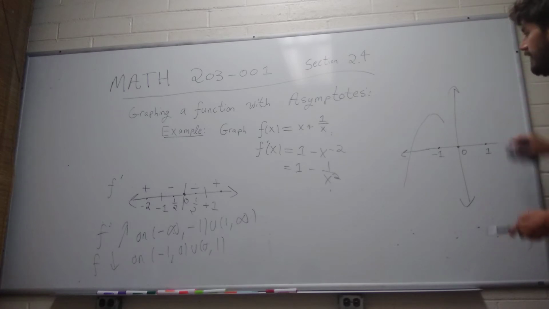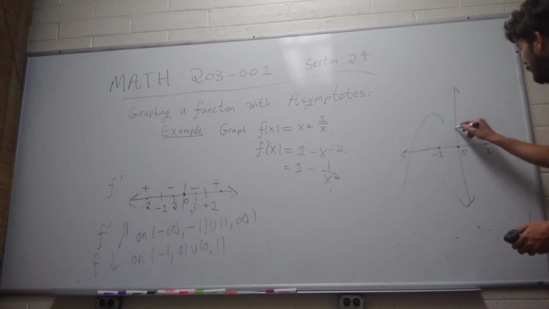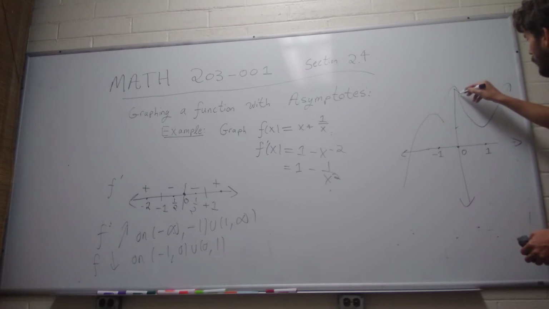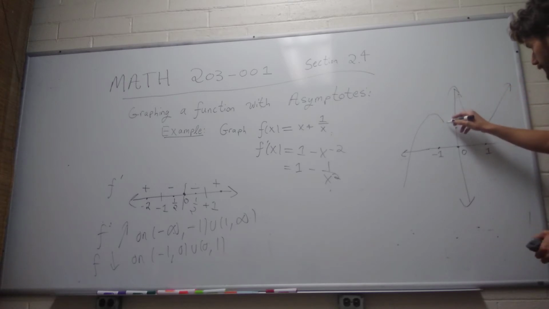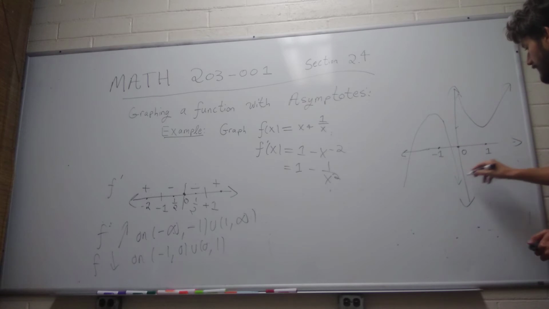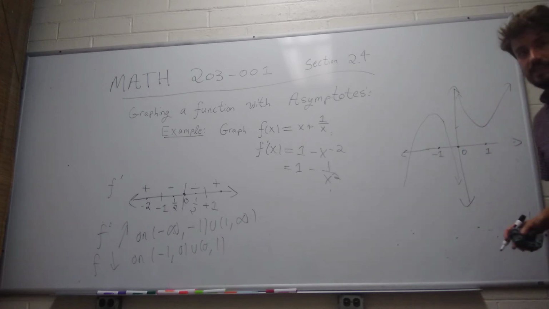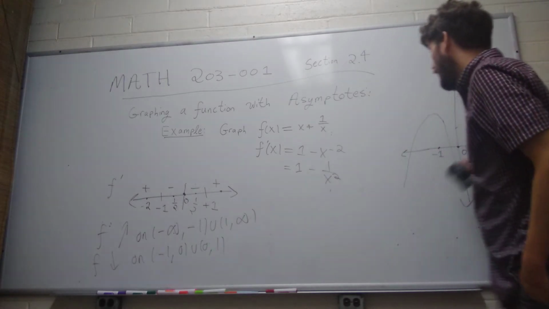Actually, at 1, what is the value of the function? The value of the function is 2, so it really should be up here. So it has to go. We'll look at this a little more later, but that's it for now. Actually, we'll see later on that the function has what's called a vertical asymptote at x equal to 0, and also a slant asymptote at y is equal to x.